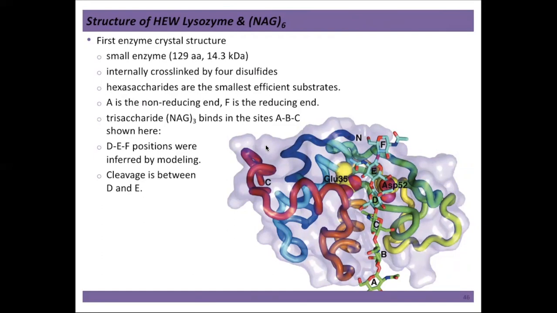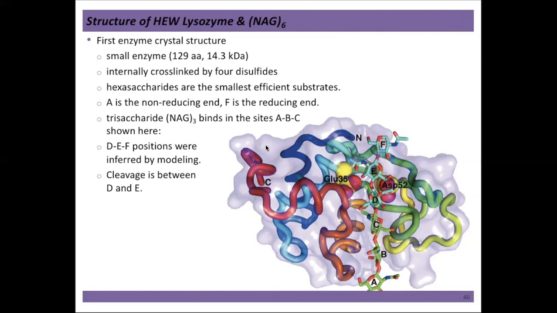If you have anything less than a hexasaccharide, it may bind, but it won't really process it. The non-reducing end is at A, and F is the reducing end, meaning this is where I'm going to have my hemiacetal. You can imagine that it's kind of in that direction there, if we think about the normal orientation of drawing a carbohydrate.